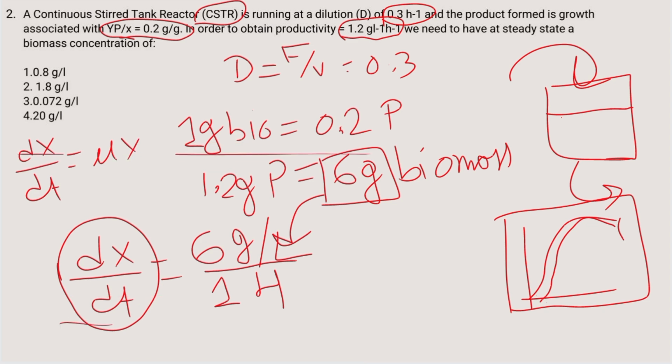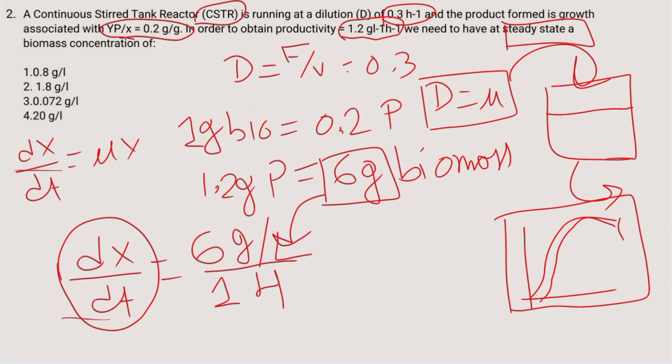and here you are maintaining the culture in a steady state form. In the steady state, D would be equal to mu. So you know the value of dx by dt, that is 6, and the value of D is 0.3, and you want to know what is X. X is the biomass concentration.